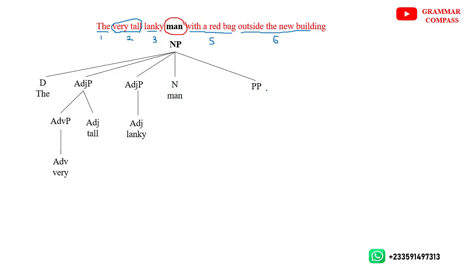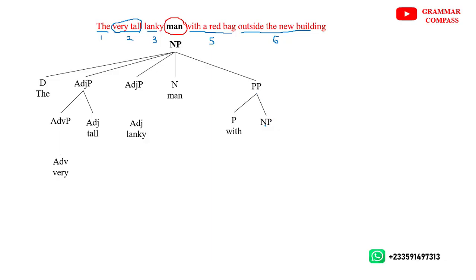We can break this prepositional phrase down. Do you remember the formula for breaking down prepositional phrases? Every prepositional phrase consists of a preposition. In our case, with is the preposition. So we have the preposition with, and then the noun phrase a red bag.